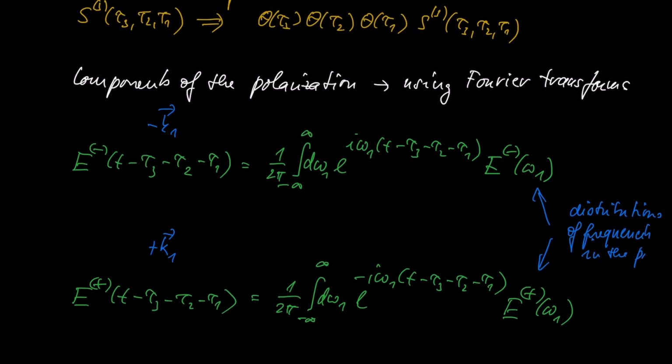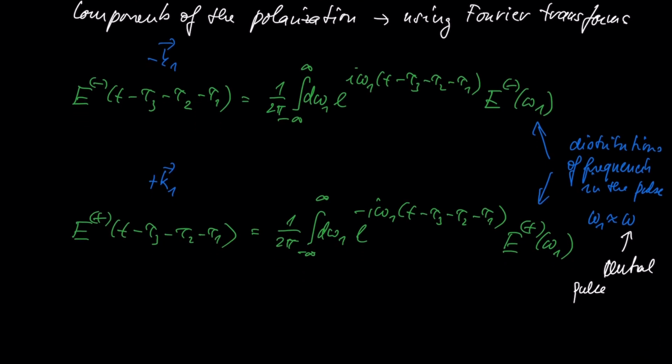in the pulse, and the omega 1 that is actually really important here is the one which is around omega, the pulse frequency. So this is the central pulse frequency.